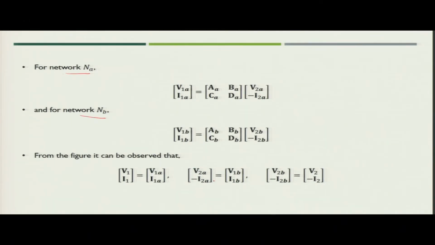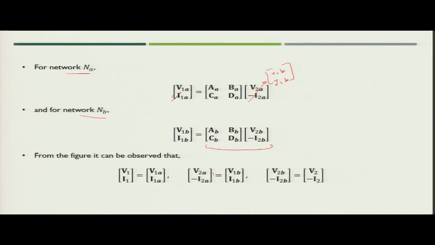Since we know V2A minus I2A is equal to V1B I1B, we can replace it with V1B and I1B, and now we know that the value of V1B and I1B can be given by the ABCD matrix of network B multiplied by the vector of V2B minus I2B.